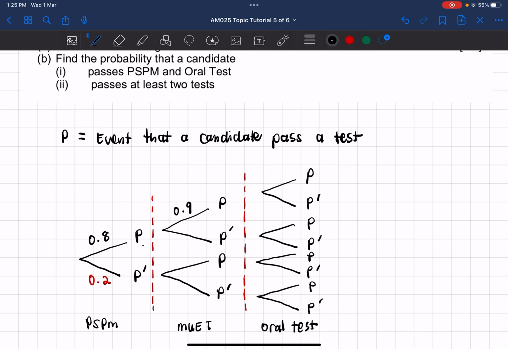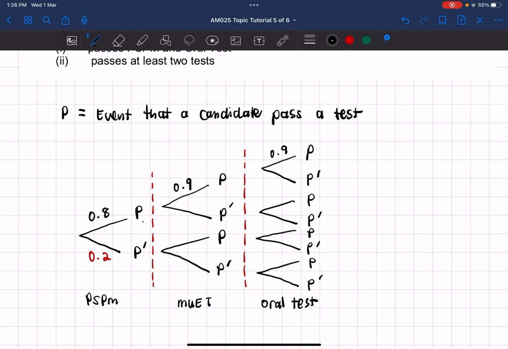Same goes here, we write 0.9 if he or she passed the subsequent test. Oh no, sorry, not here, actually 0.9 here, if she passes the first test, she passes the subsequent test with 0.9. Now if we complete our tree diagram, we're going to have 0.1 here, and also here, and here, right?